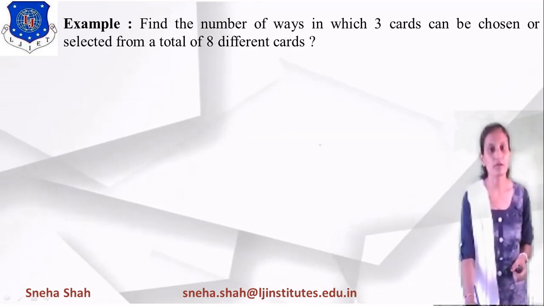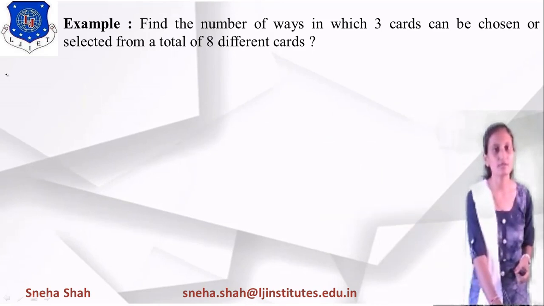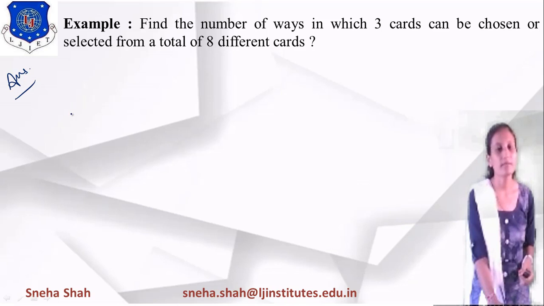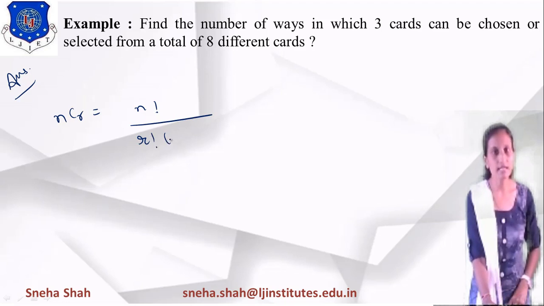If we solve this example using the combinations equation, NCR equals N factorial upon R factorial into N minus R factorial, right?